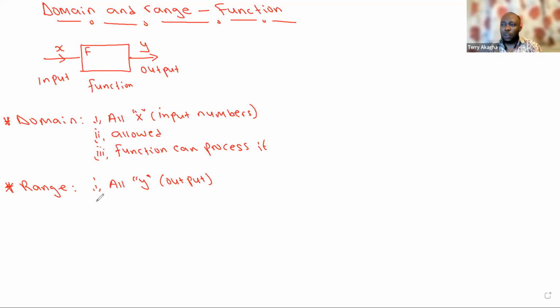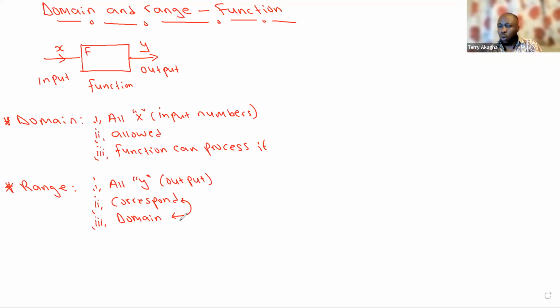The keyword is that it has to correspond. So it's not just all possible outputs. No, all the outputs that correspond to the domain.